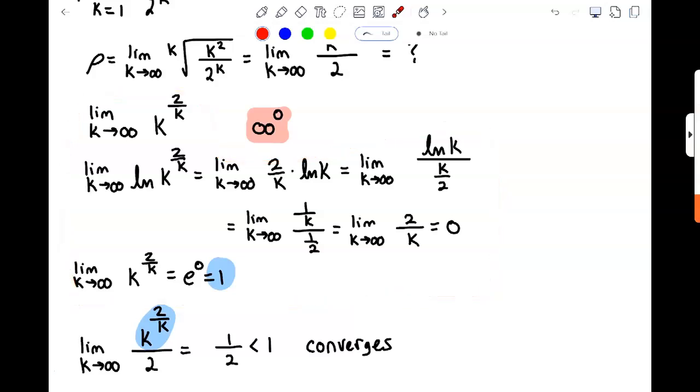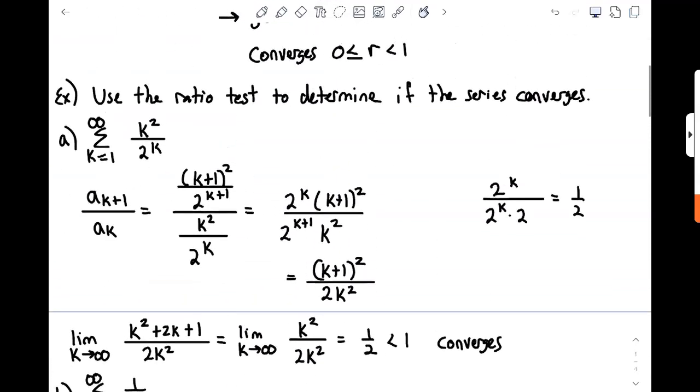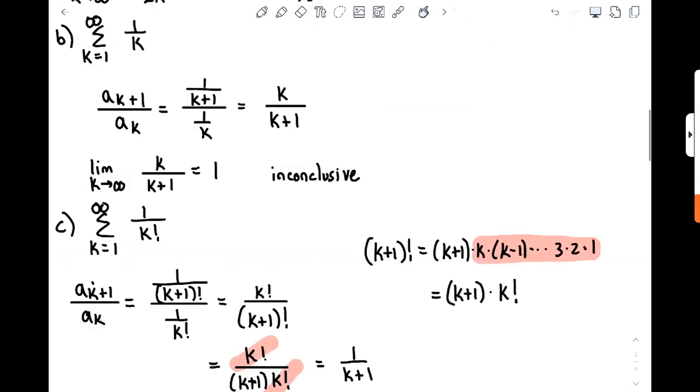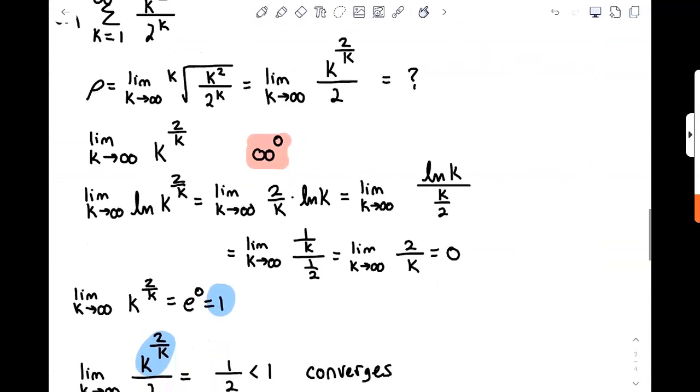So that definitely added to the length of the problem. The ratio test, though, did have a few extra pieces involved too. So you can judge for yourself. Probably I'd say the ratio test was a little bit easier on this particular one, but just by a little bit.